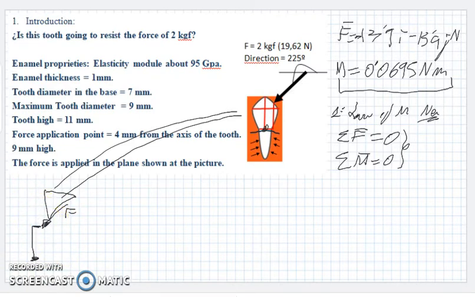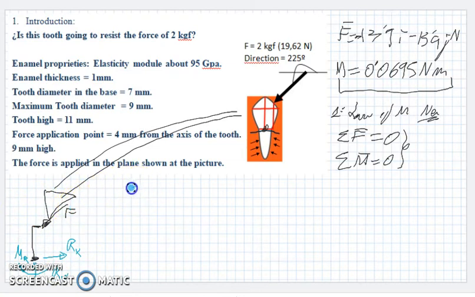If there is no movement, it is because here we have some reactions, which are reaction in Y, moment reaction, and reaction in X. So this reaction tries to compensate the effect of the main force.